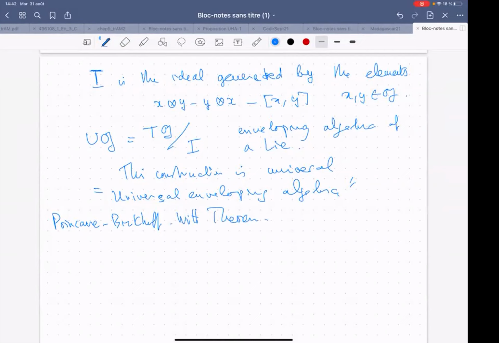Then, this is a general theorem. If J is a free Lie algebra over K, and if we take a basis of J, let Xi be a basis of the Lie algebra J, and let I alpha 1 to alpha p be a finite sequence of indices.